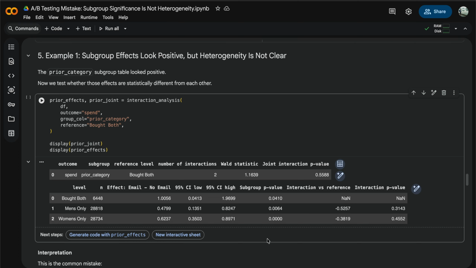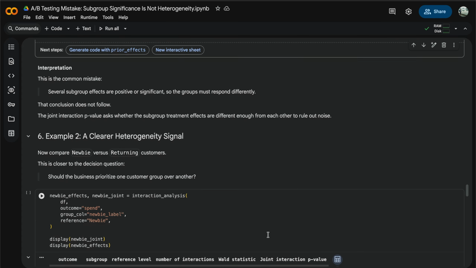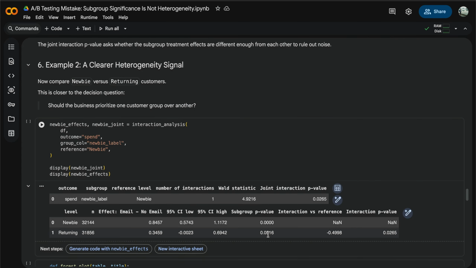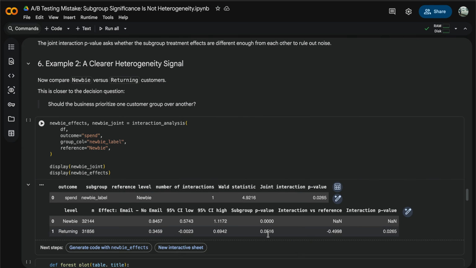And let's look at another example too. This is a clearer example. Here, the spend lift for newbies is larger than the spend lift for returning customers. So the interaction results give us evidence that the treatment effect differs between these two groups. But even here, we should be very careful.